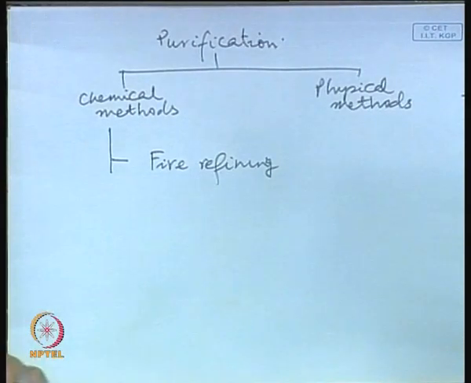A method that has been used from time immemorial, for thousands of years. Fire has been used to eliminate from the crude metal impurity elements, or elements you do not want. Say, for example, consider iron and steel.